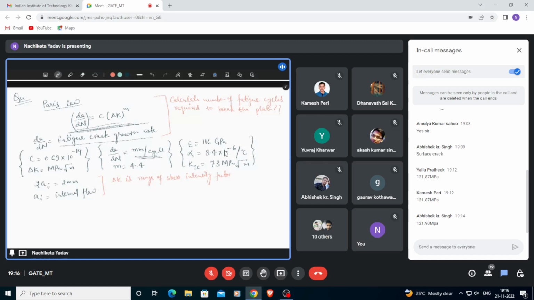And here we also have to calculate the thermal stress. Thermal strain is given, like delta T is given. Suppose I have not written the temperature: temperature variations are from 27 degrees centigrade to 350 degrees centigrade. From this temperature variation, we will calculate the thermal strain.